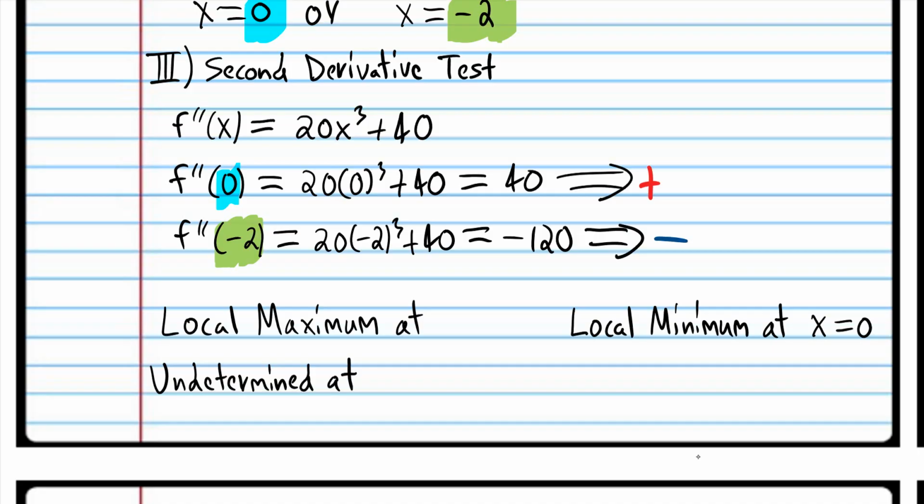So that number is a negative number, right? So if we evaluate the double derivative at a critical number and we get a negative number, then that means there's a local maximum value of the function at x is equal to negative 2. So that's it. That's how you use the second derivative test, so it's very easy.